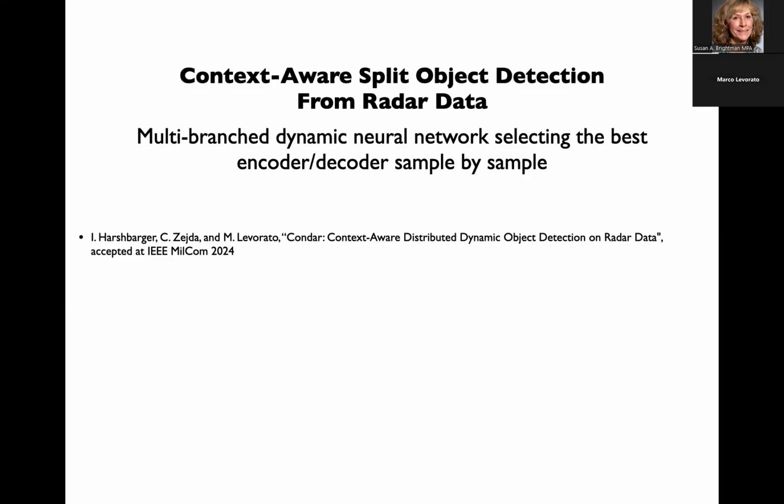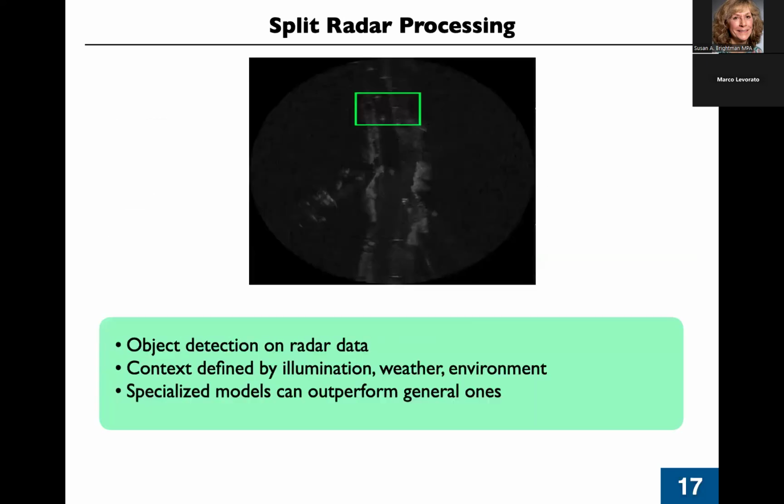Okay, so the idea in this case is very simple. And this is, by the way, not for images, it's for radar data. So we are proving that this works for 3D data as well, for sparse data and object detection. So again, this is a technique that is not good only for detecting pizza versus hamburger, which is not a very real-time problem, but it works for object detection on radar data.